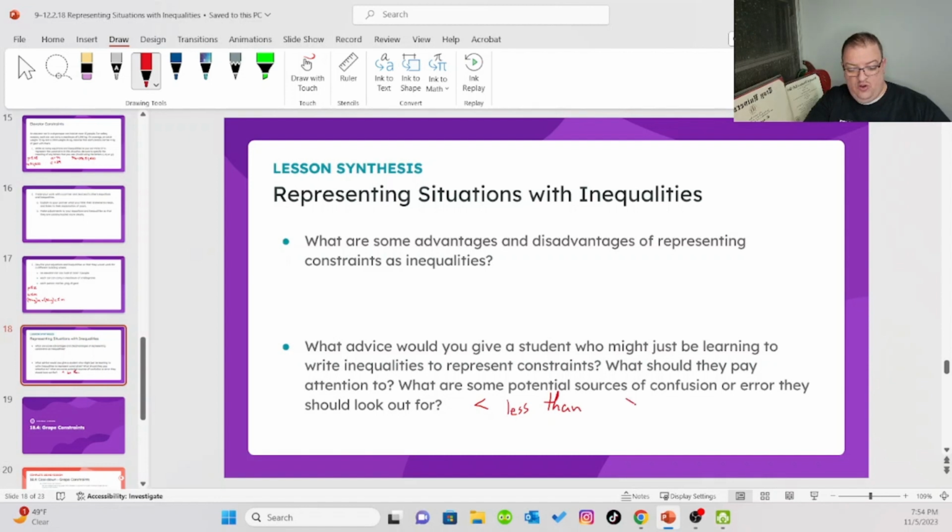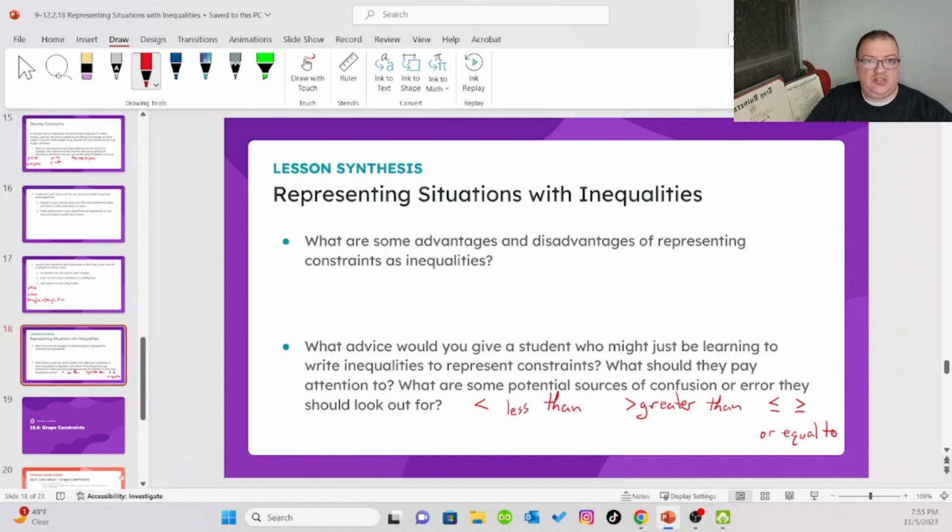If the arrow points to the right, this is greater than. And if either one of those has a single line underneath it, this is or equal to.